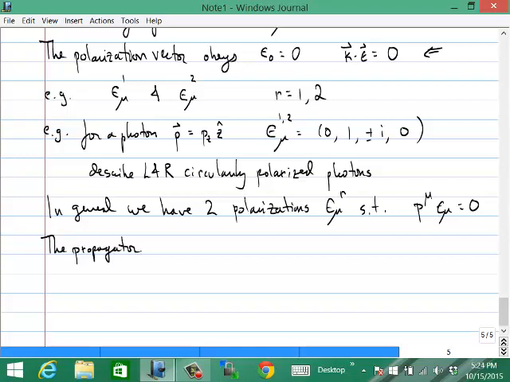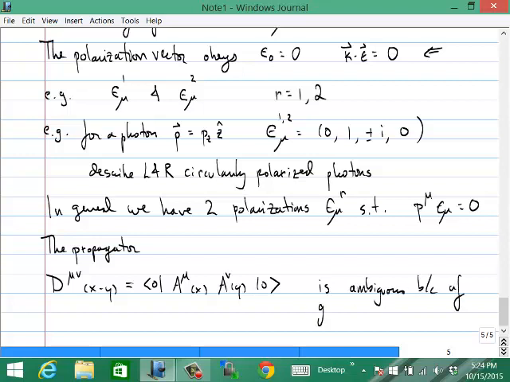So the propagator is now a 4x4 matrix. So I'll give it two indices, mu and nu. And the important thing to remember about the propagator is that it is actually ambiguous because of gauge invariance.